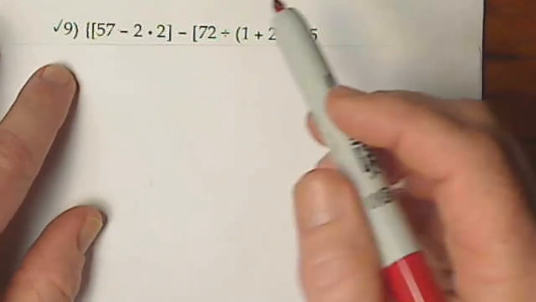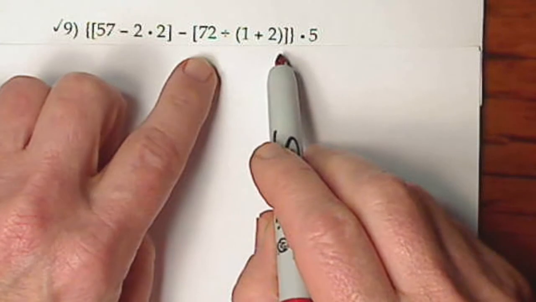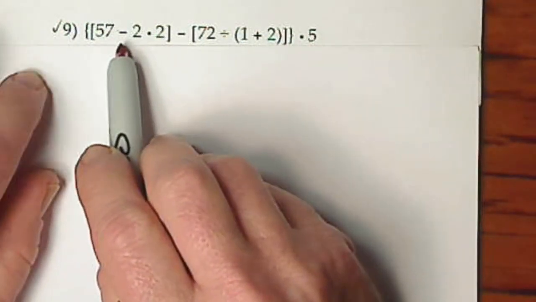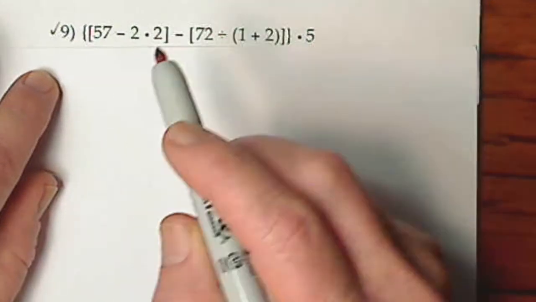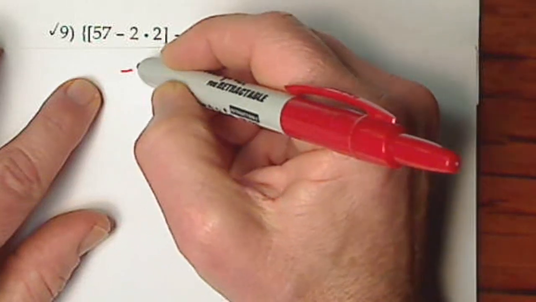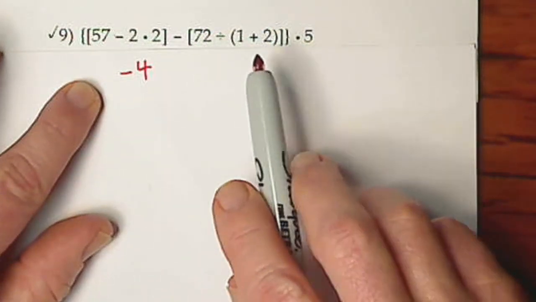So within this set of parentheses I'll do something, and since this is a separate set, I'll do something over here. You cannot do this subtraction because multiplication comes first, and I'm going to say a -2 times +2 is a -4. Then I come over to this other set of parentheses.